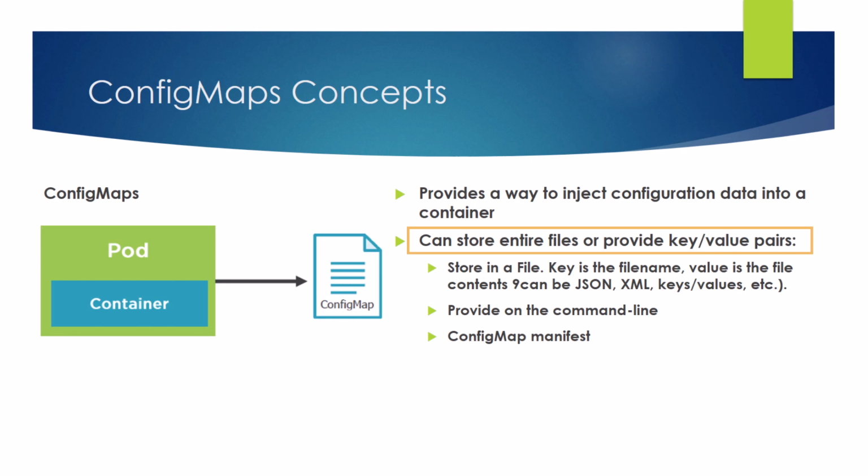I can't just drop a file, for example, and put it on the host, because if your cluster has multiple nodes, which it more likely will, then what's going to happen there? Well, it wouldn't be able to get to the data, obviously. So config maps will work for that.